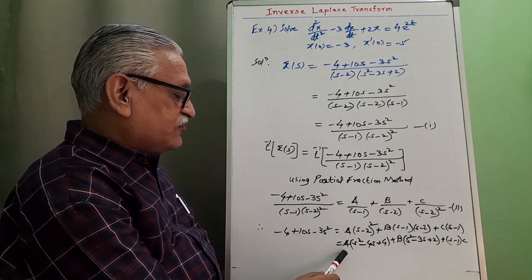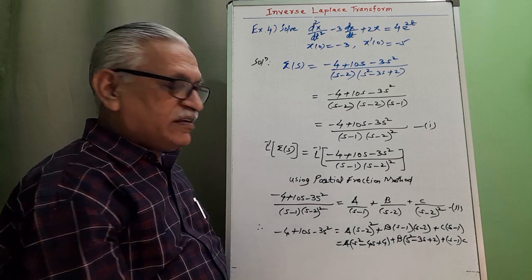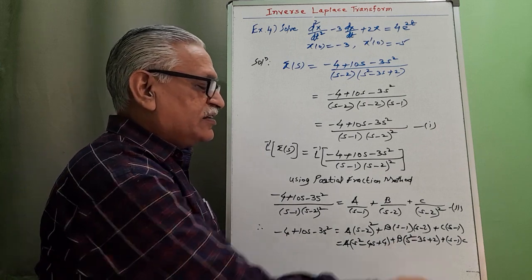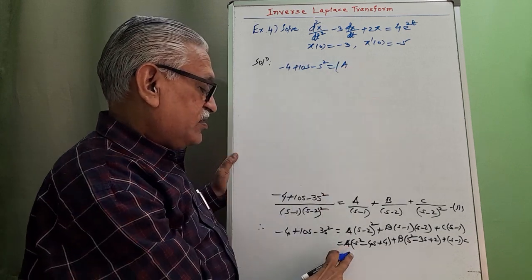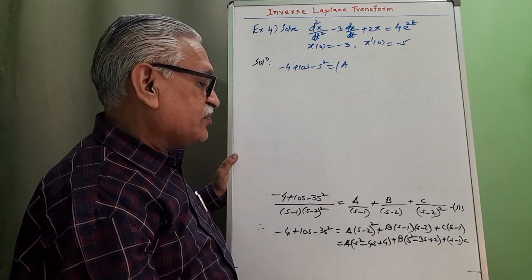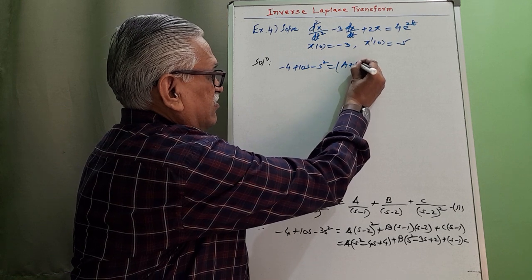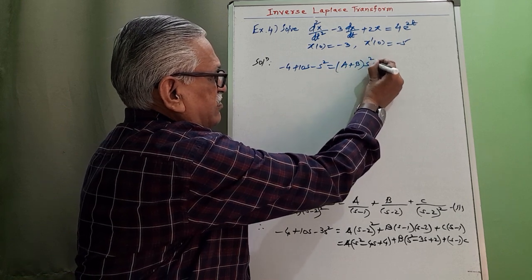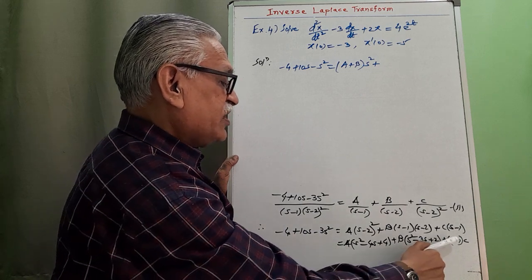Then collecting the terms of s square in one, terms of s in second, and terms of constant in third. There are 2 terms of s square. Therefore, combining the 2 terms, we get a plus b into s square. Then collecting the terms of s, 1, 2 and 3.